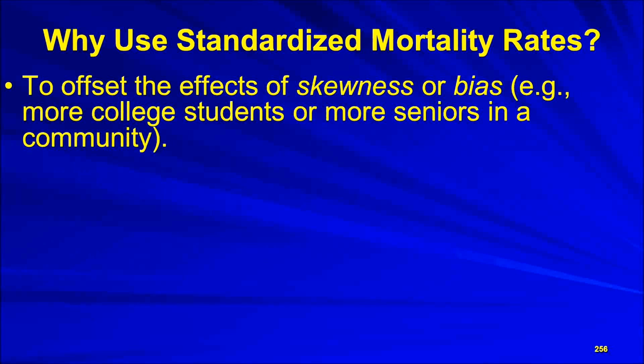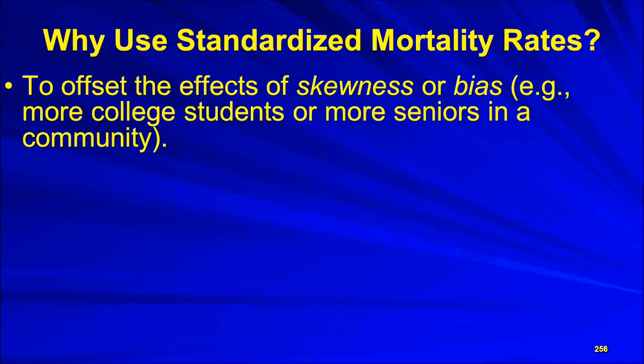Okay, so why use standardized mortality rates? We've talked about this already, but I want you to see it in writing, and I want to emphasize it again. We want to offset the effects of skewness or bias. Skewness could come in the form of examining a college population or a senior population.